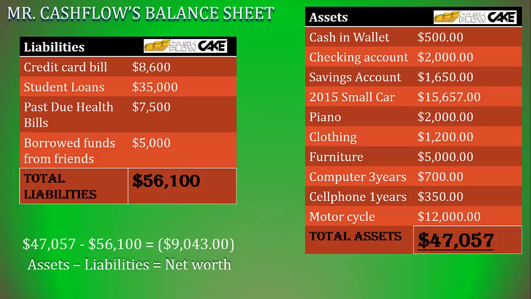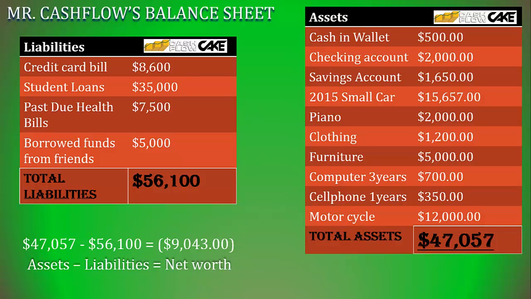You have a piano that's worth $2,000, and then you have clothing, about $1,200 worth of saleable clothing, some furniture for $5,000, a computer that you've owned for the past 3 years, but it's still worth $700, a cell phone that you've had a little under a year and it's worth $350, and a motorcycle that you could sell today for $12,000.